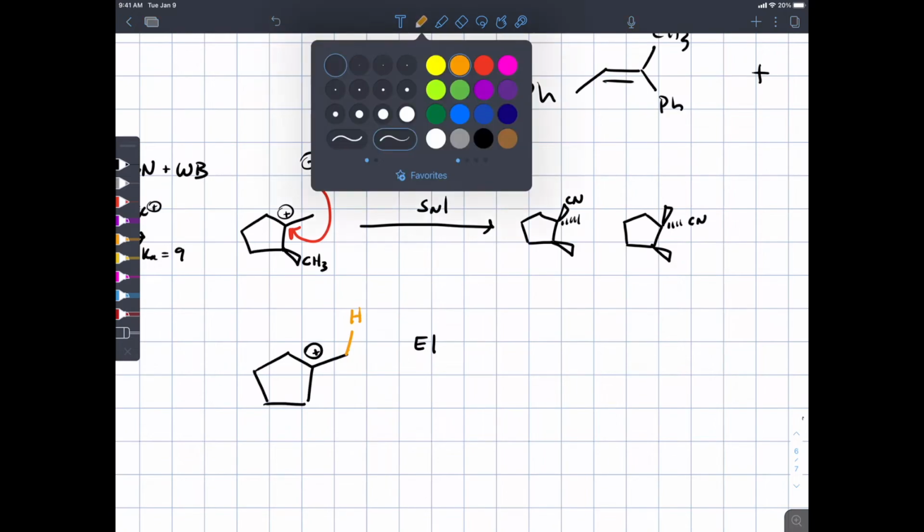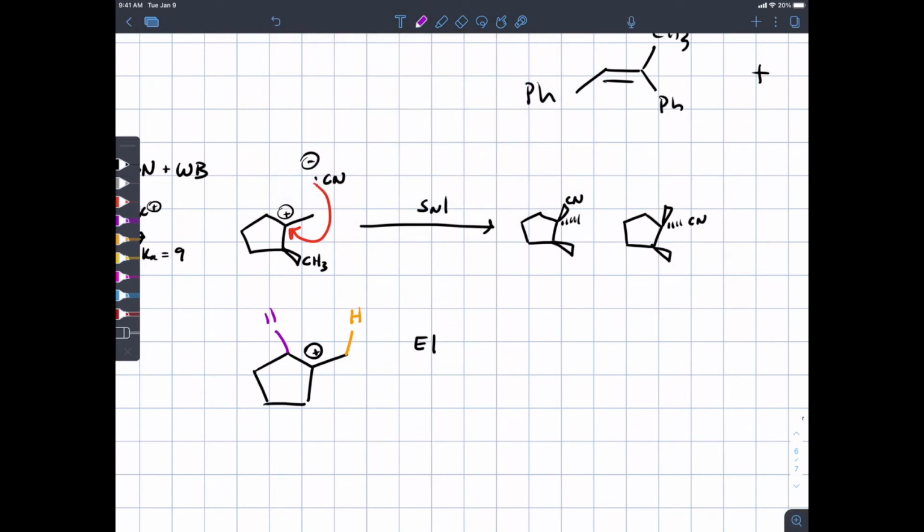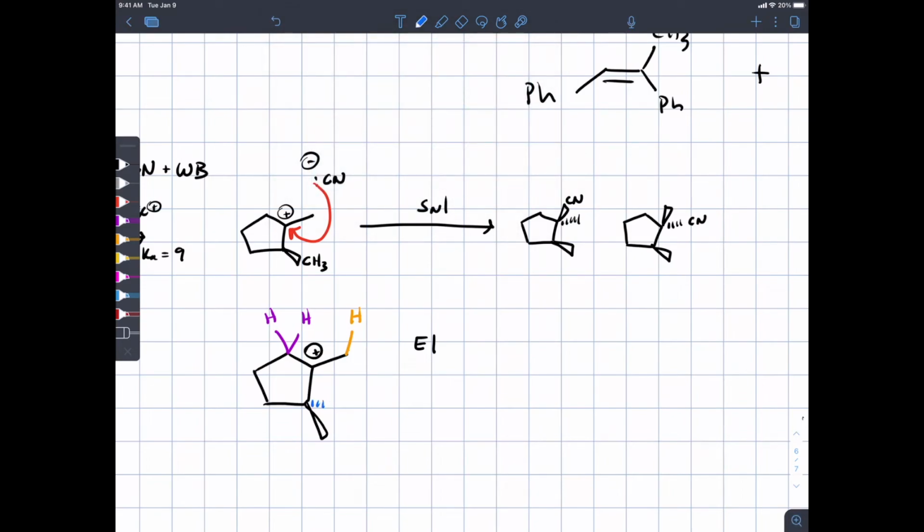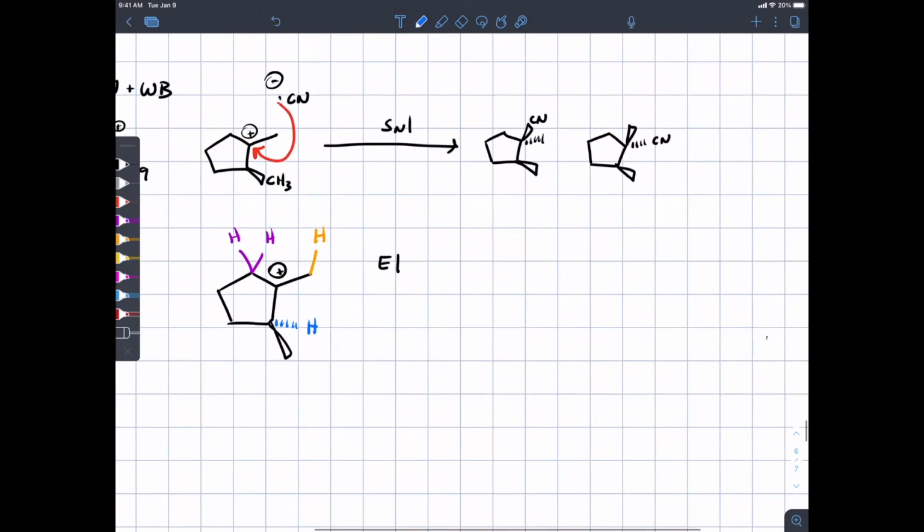I've got two here. And I have one here. So if I do the E1 reaction to remove the blue beta proton, my product looks like this.